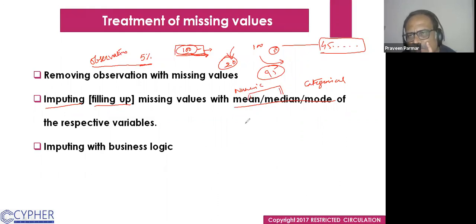If your data is normal, then you use the mean. If your data is skewed, you will use the median. Got it? This is the one way.